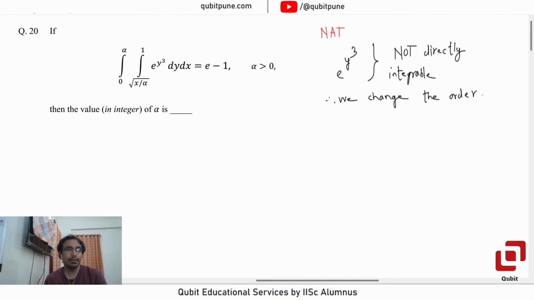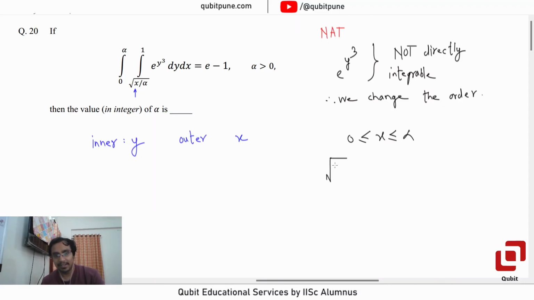Currently what do we have? Here this x is present, which means the inner variable is y and the outer variable is x. X's limits are 0 and alpha. X lies in between 0 and alpha. And what about y?